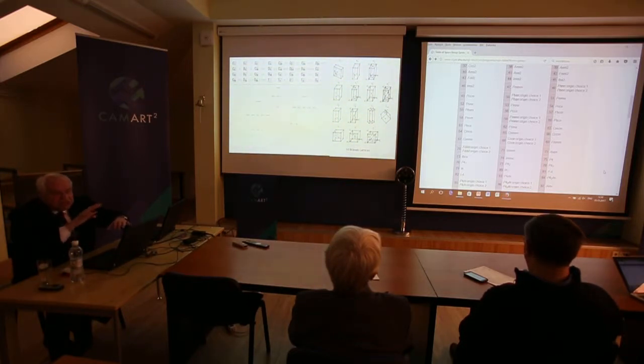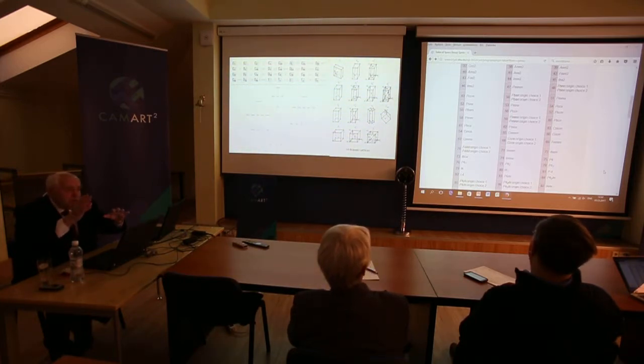For each lattice type, you have different point groups, including both symmetric and non-symmetric.